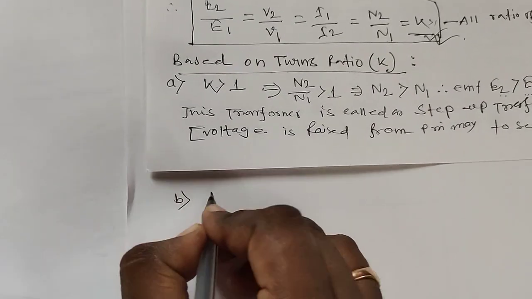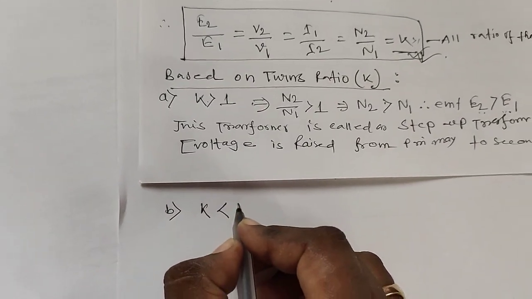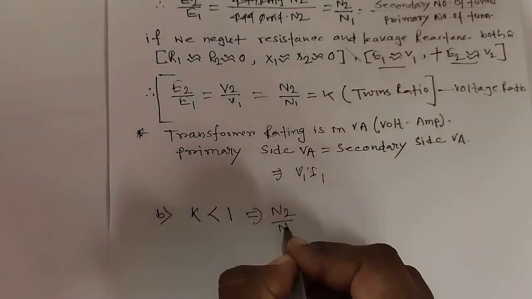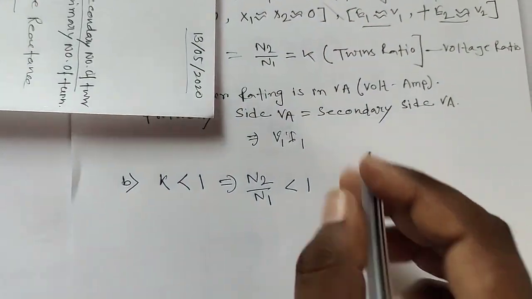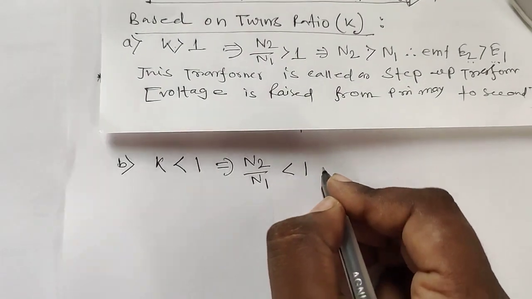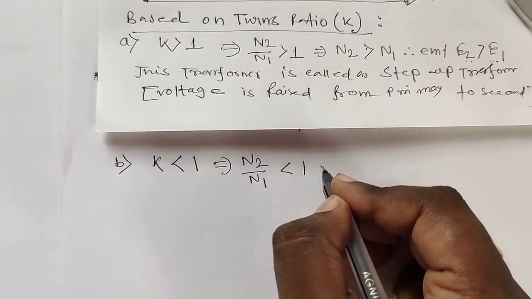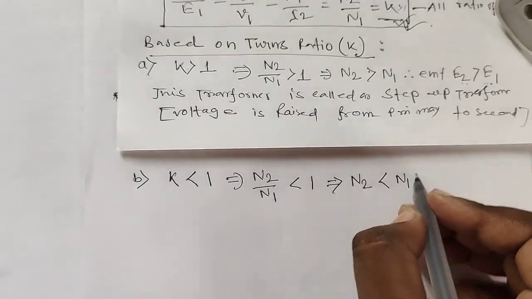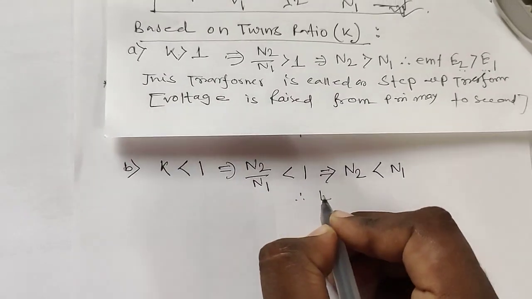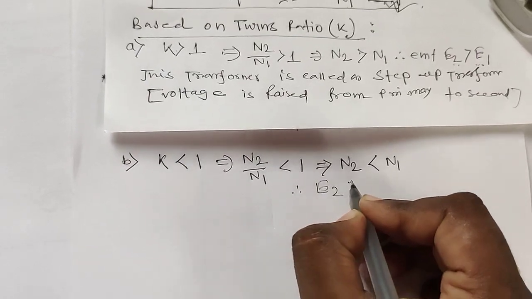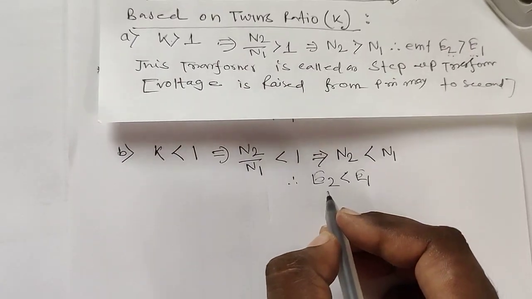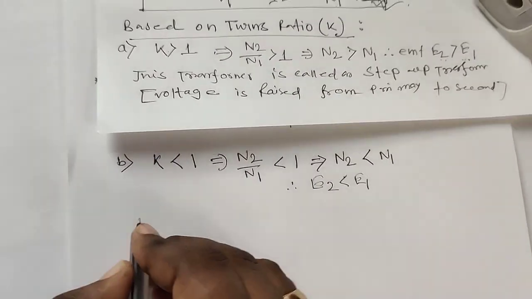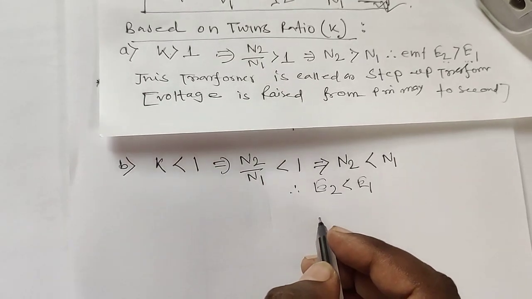Second, when the transformer ratio K is less than 1, then N2 by N1 is less than 1. We can write N2 less than N1, and in the EMF equation, E2 is less than E1. That means the secondary side EMF is less than E1, and the voltage goes down from primary to secondary.